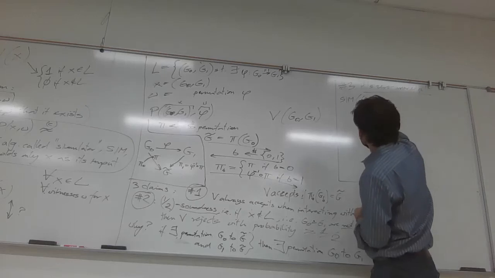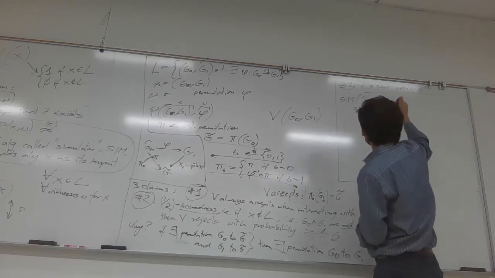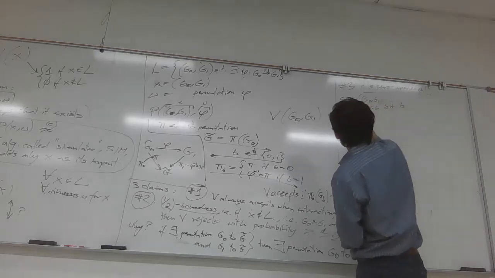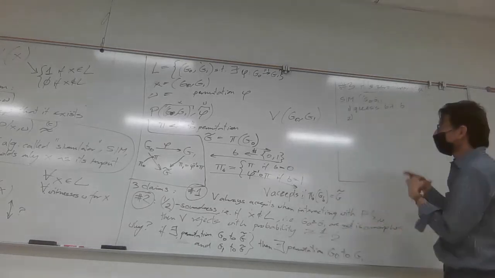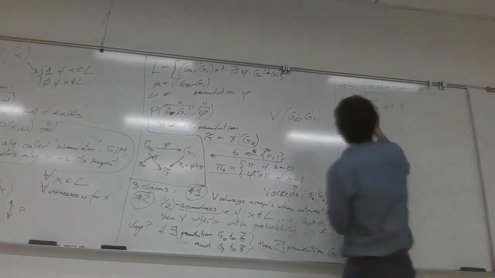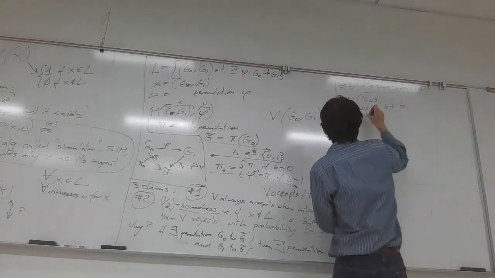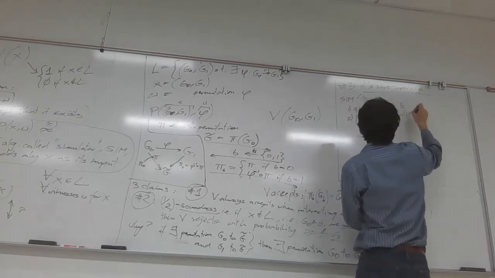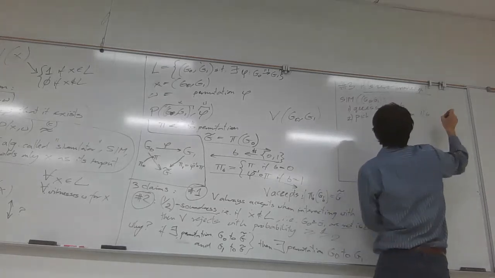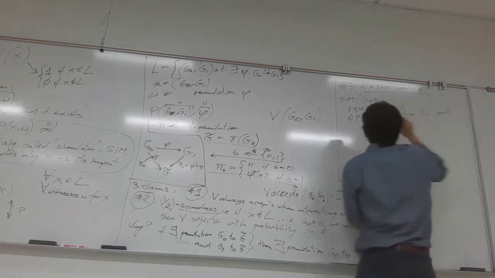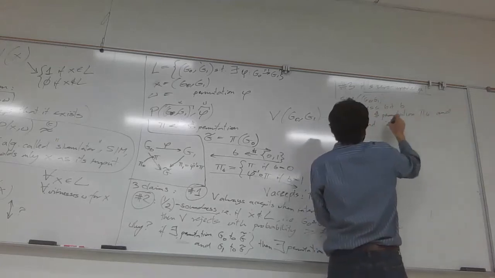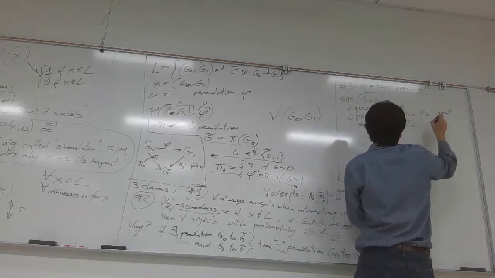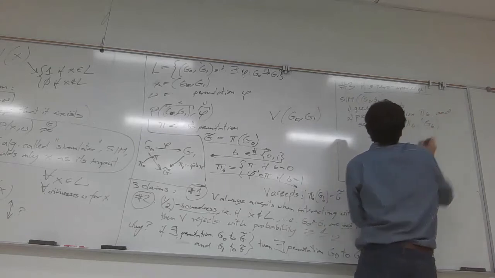Guess B. Given that you guessed B, pick a random permutation pi B and send G0 as pi B applied to GB.